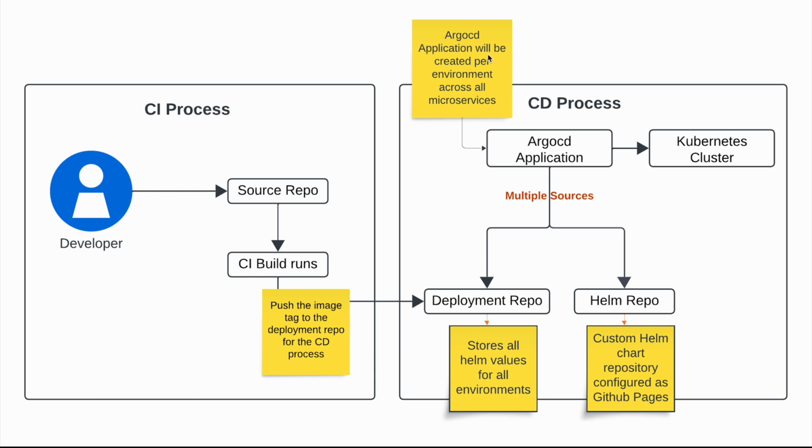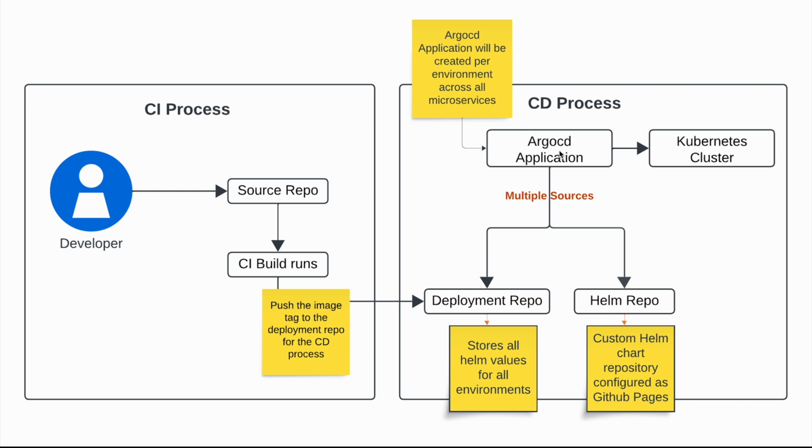In the previous part we created it manually, just going to the console and creating it. But in this demo we will be using a manifest to create it. It would be a one time activity, but if you have 100 microservices, you cannot do that 100 times manually. You need code for that, right? So we will be using code to create the Argo CD application also.